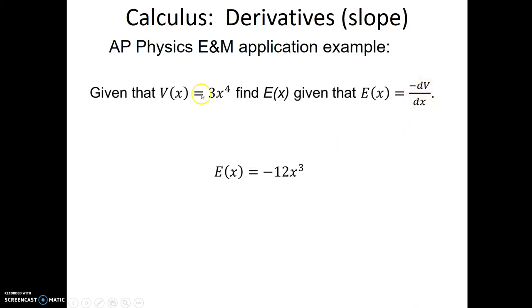So if I find the derivative of this, that means the power decreases by 1, so x to the third. And if you decrease the power, you got to increase the coefficient. So I'm going to multiply 3 times the bigger power, which is 4. 4 is bigger than 3. So I get 12. The only problem with E and M is in E and M we have this negative symbol, so I have to put a negative there. So negative 12x cubed. That's the answer.